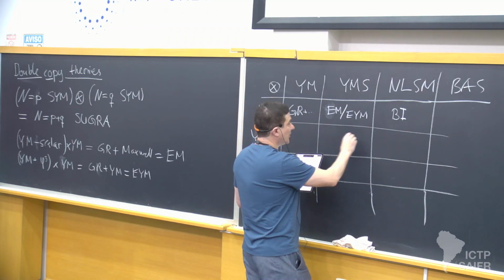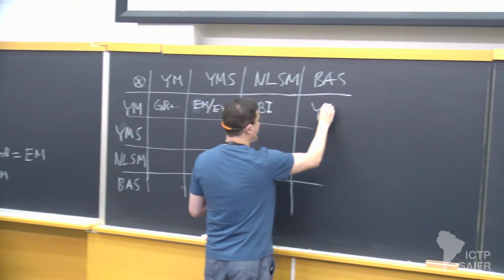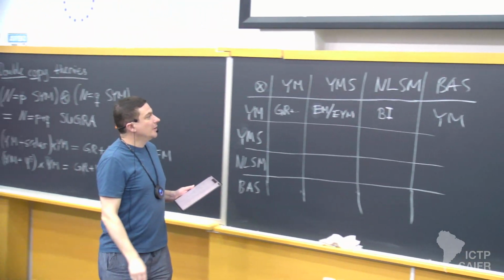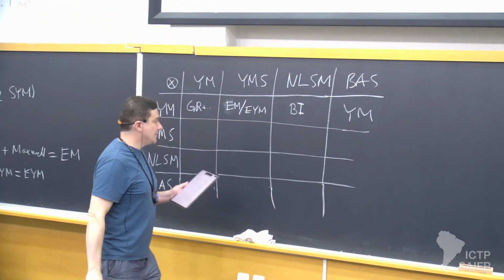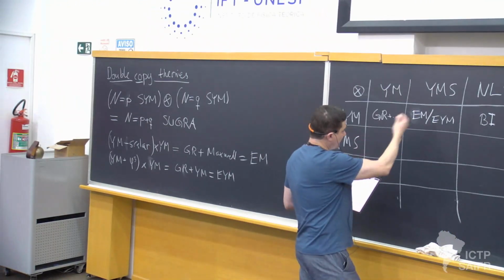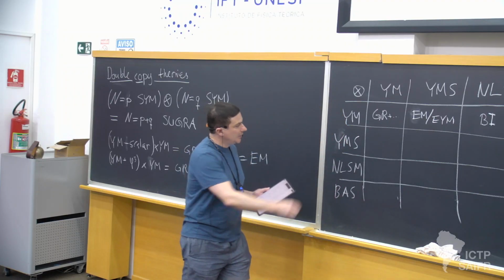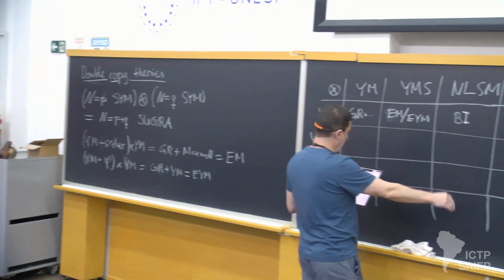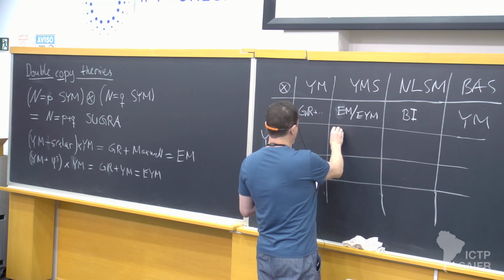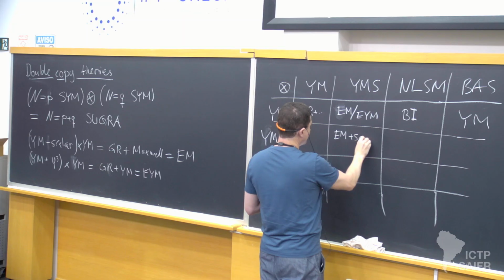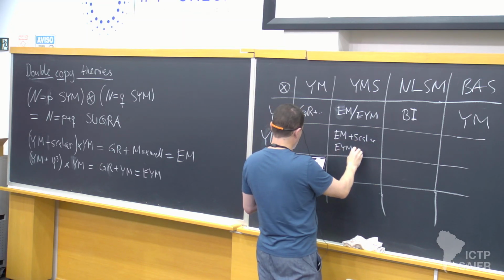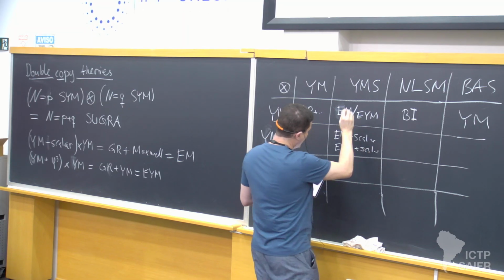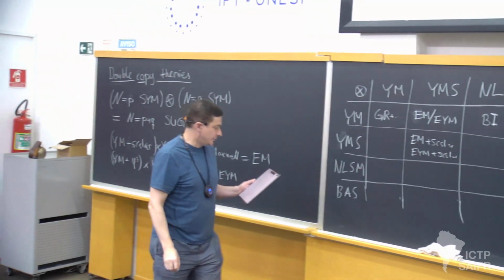Here, let me do this one. This obviously is just going to be Yang-Mills because, as I said before, this bi-adjoint scalar just acts like multiplication by identity. This multiplication table is symmetric, so I only need to fill out part of it. Here you get Einstein-Maxwell plus the scalar, or Einstein-Yang-Mills plus scalar, and you can work out the details yourself.